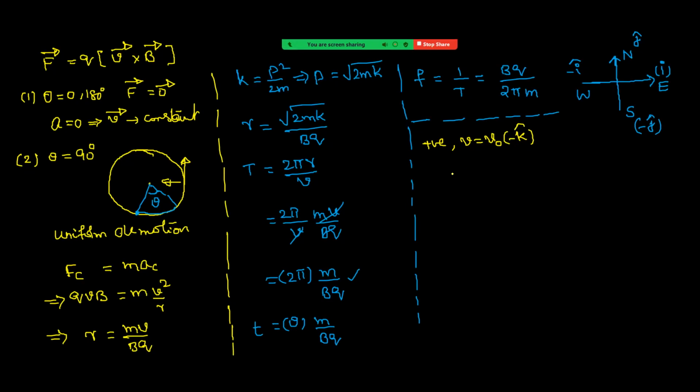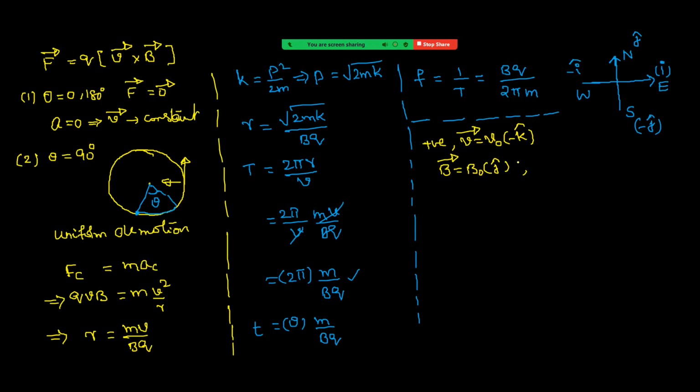Okay. Suppose a field is B naught into j cap. See the meaning of this? J cap field is now towards north. That means it is from south to north, right? So velocity vector is now in direction minus k cap.